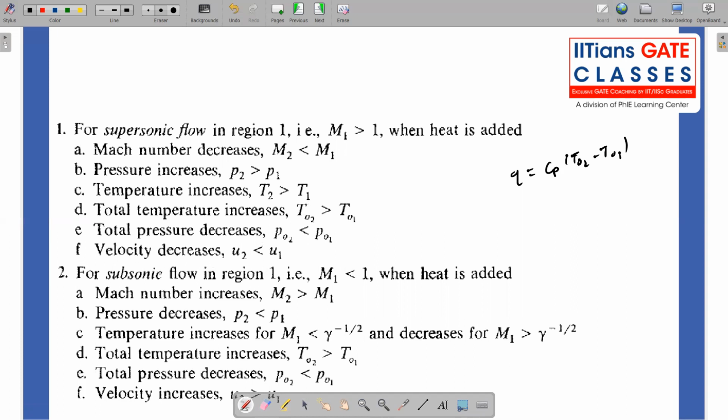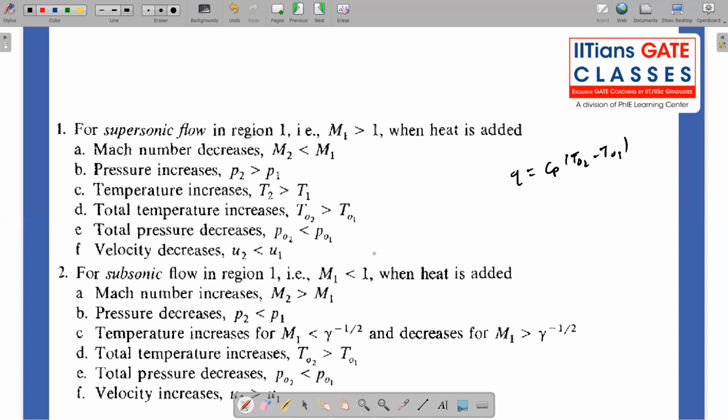Now, in a subsonic region, this is the interesting part. All these things are written for when heat is added. This all flips when the heat is removed. So that's a straightforward guess you can make.